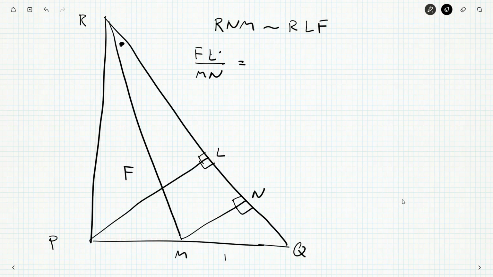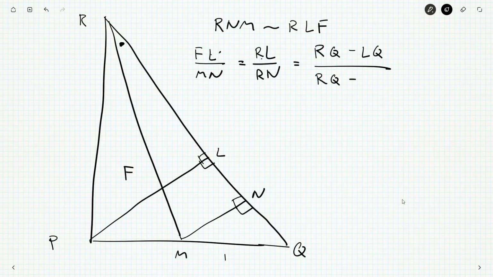Oh, what was my thought? It was RL is to RN. Okay. But RL is RQ minus LQ, and RN is RQ minus NQ.